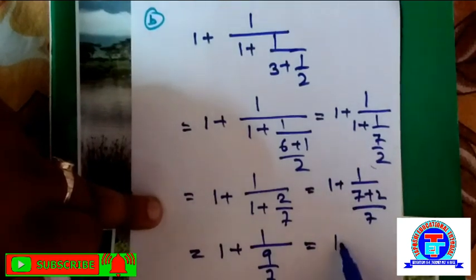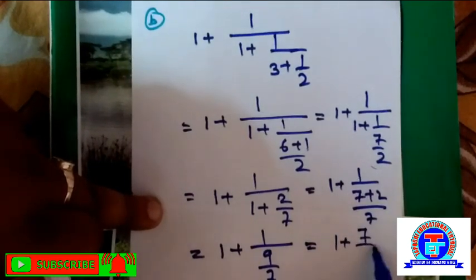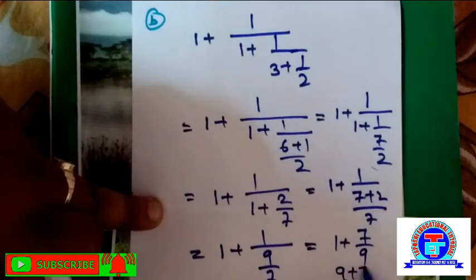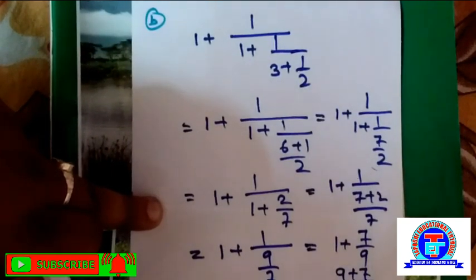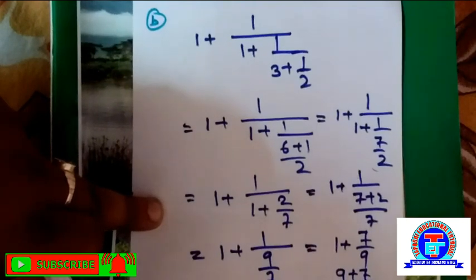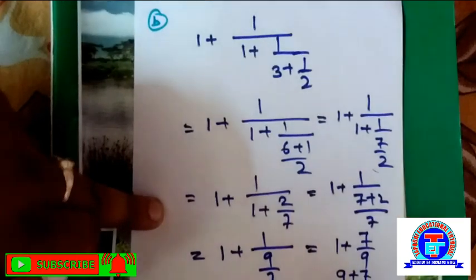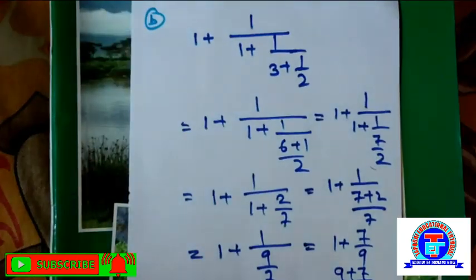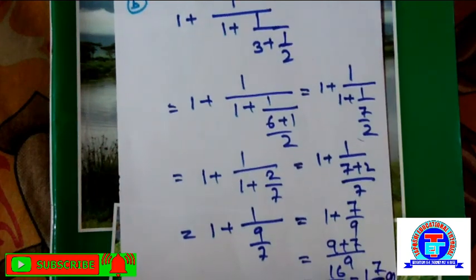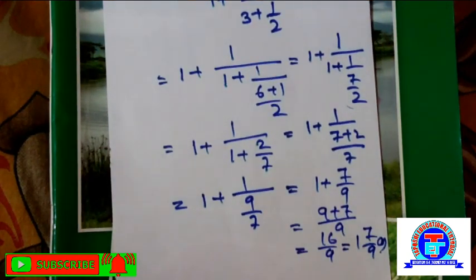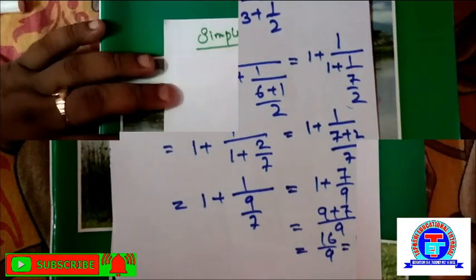So we write here 1 plus 7 by 9. That means 9 plus 7 by 9 is equal to 16 by 9. That means 1 whole 7 by 9 is the answer of the continued fraction. I hope student you clearly understand this continued fraction simplification.